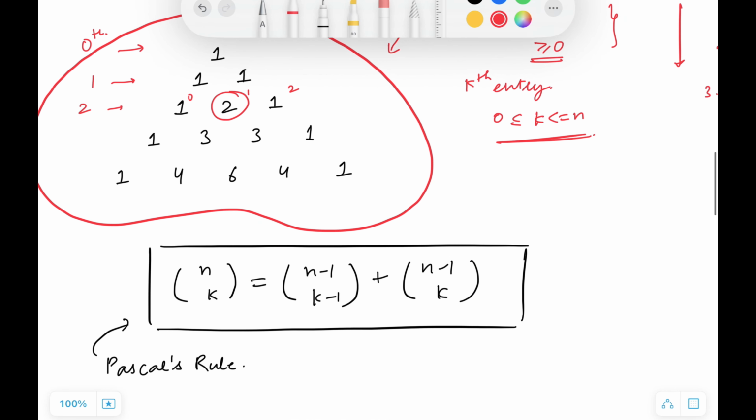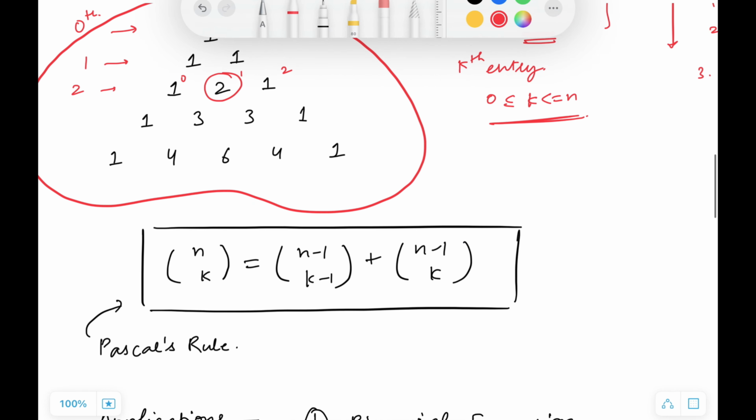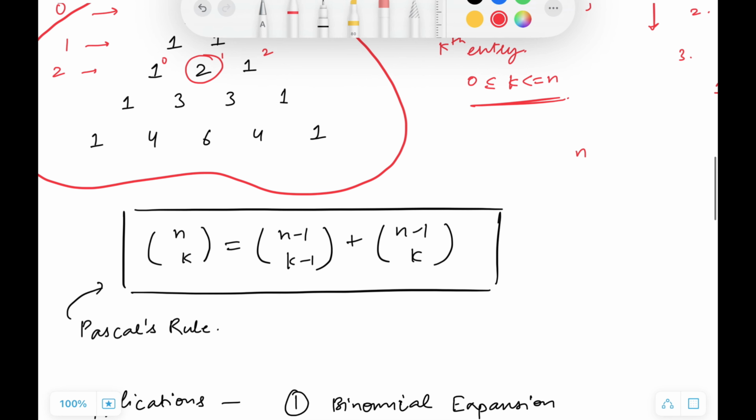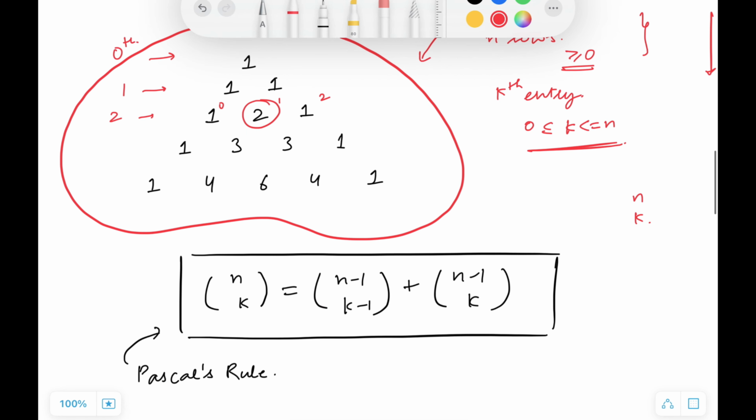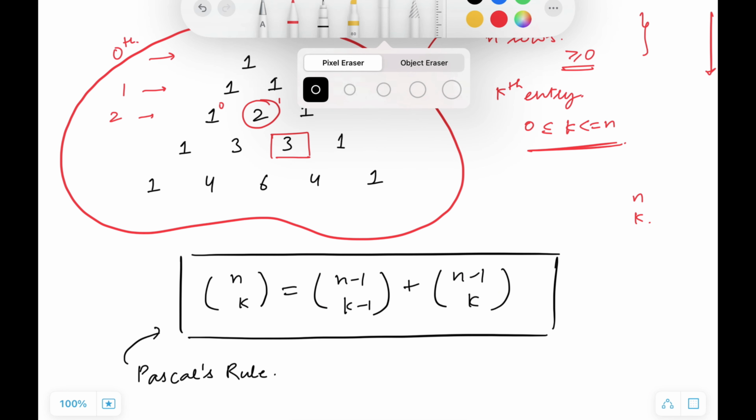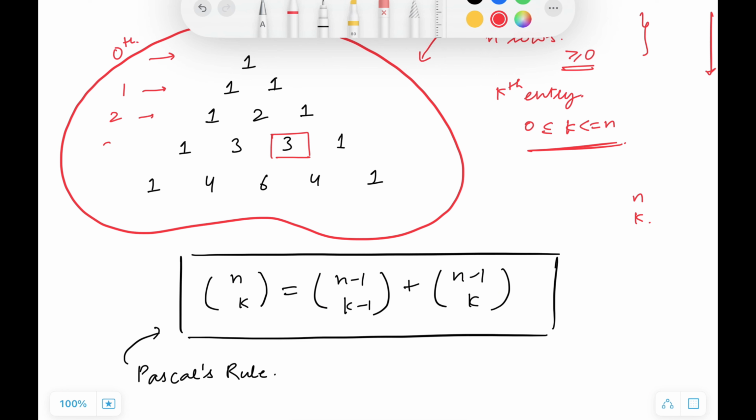If I generalize this formula for the nth row and kth entry, let's have a look. If I pick this element 6 in the third row, the n value is 3, and what is the value of k? 0, 1, 2. The k value is 2.